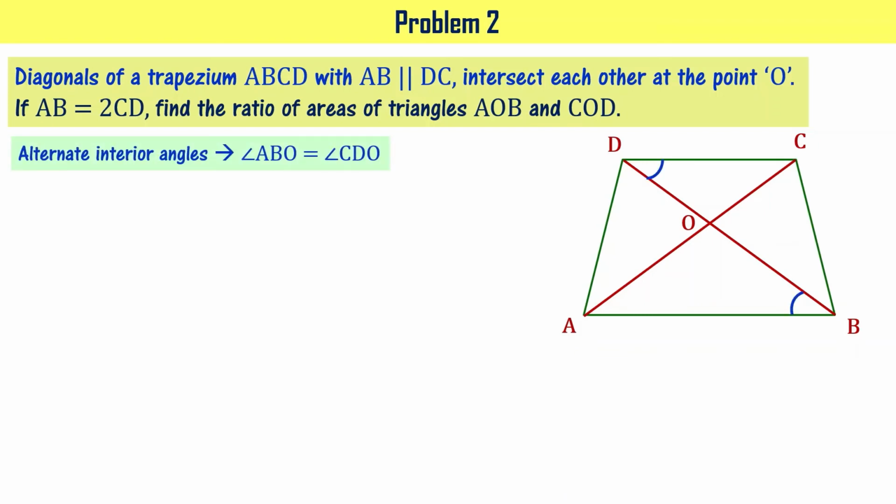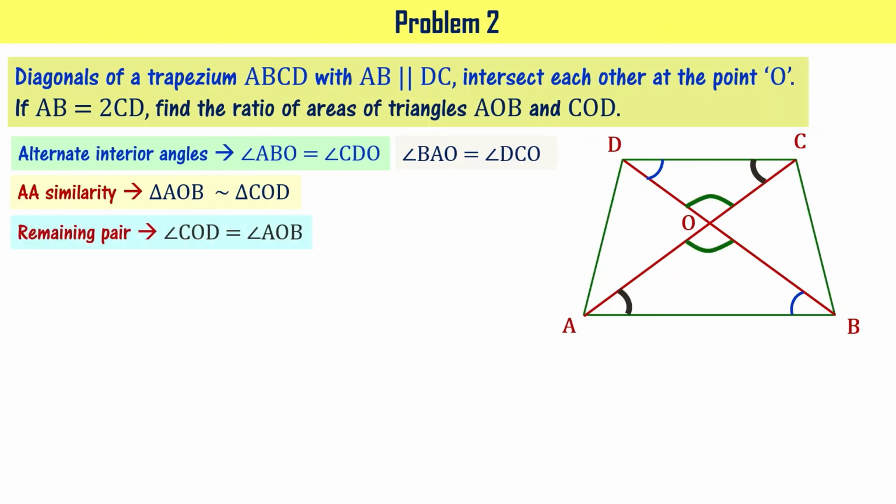Alternate interior angles are equal. It means angle ABO equal to angle CDO, as you see here, right? And another pair of alternate interior angles is angle BAO equal to angle DCO, right? If you observe, you can now say that based on AA criterion of similarity, triangle AOB is similar to triangle COD, right?